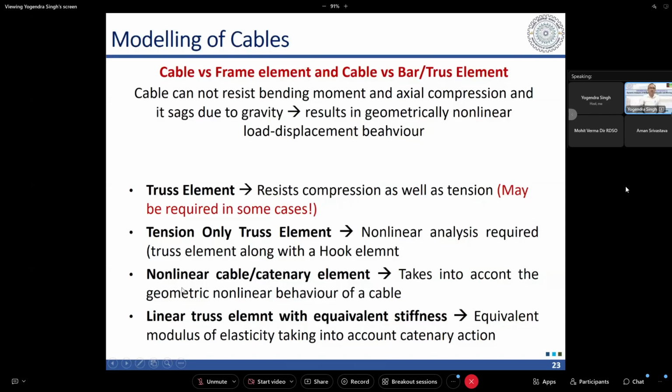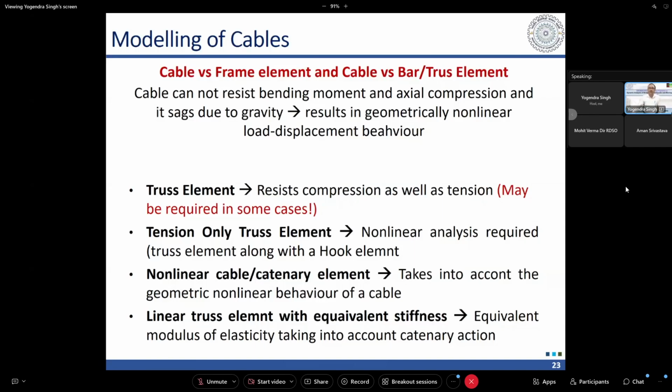As the loading is changing, the force is changing in the cable, its catenary shape is also changing, and this takes into account the geometric nonlinear behavior of the cables. Now it has been observed that this geometric nonlinear behavior of the cable is actually significant only in case of long cables.